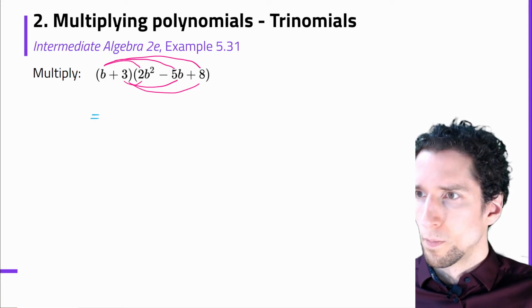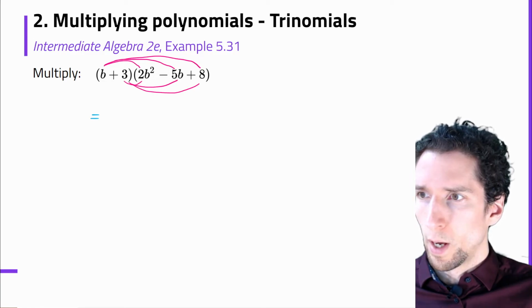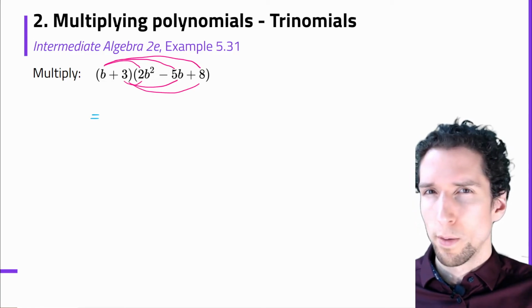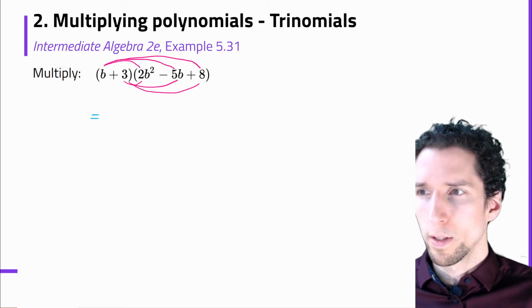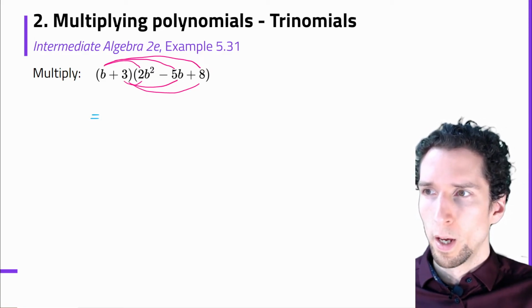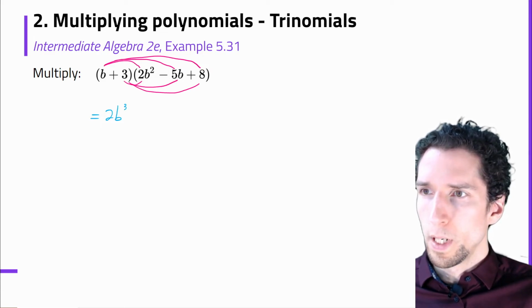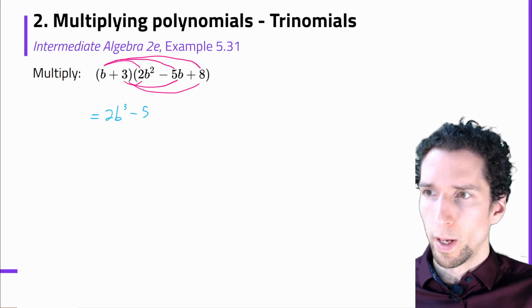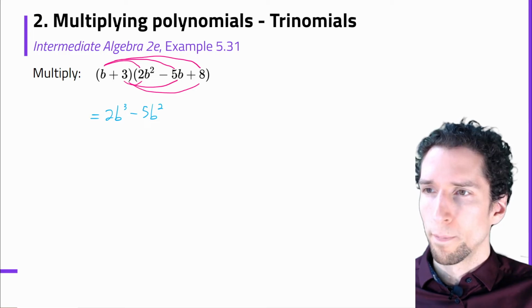So I think I don't need to write out all of the extra step with the brackets here. So we can just say b times 2b squared will be 2b cubed. B times negative 5b, so that's minus 5b squared.